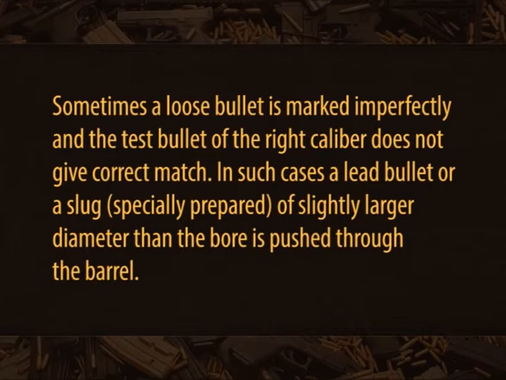In some cases, it gives a useful match, but sometimes a loose bullet is marked imperfectly and the test bullet of the right caliber does not give a correct match. In such cases, a lead bullet or slug specially prepared of slightly larger diameter than the bore is pushed through the barrel. It takes up most of the marks from the barrel and provides useful test material.